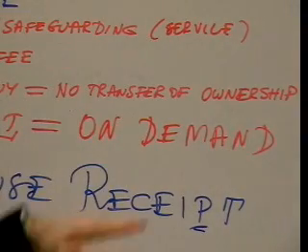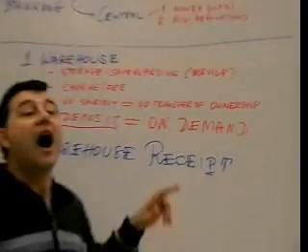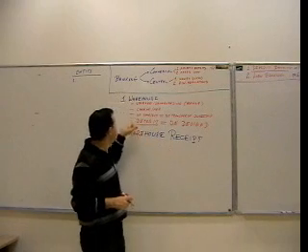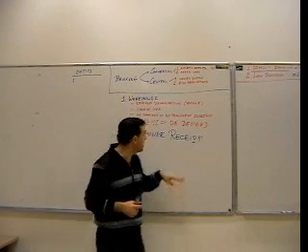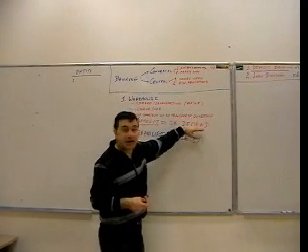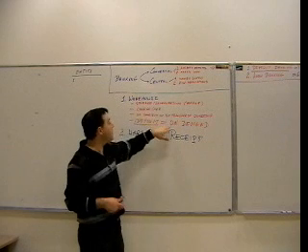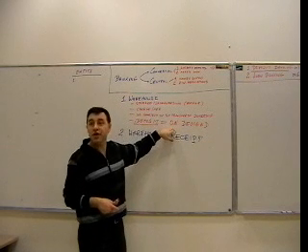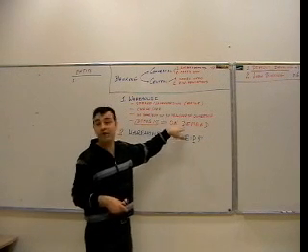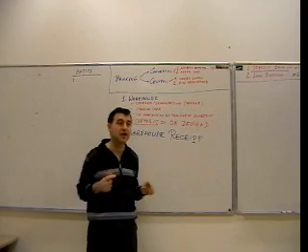So on demand means that at any point in time the depositor has the right to demand it, and the warehouse must return it immediately on demand. Alright, that's what it means.